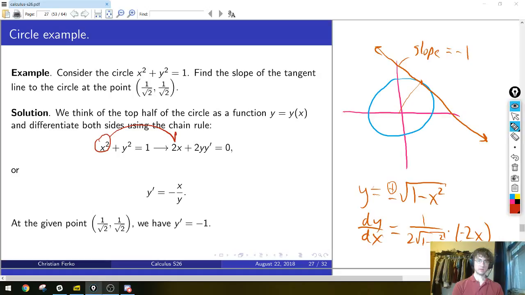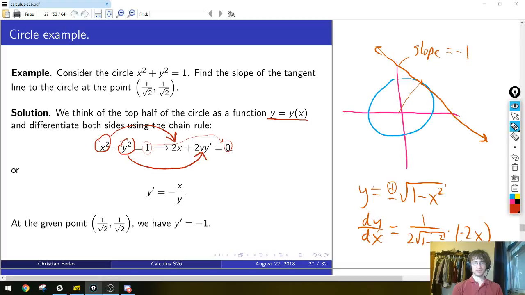So the derivative of x squared with respect to x is 2x. The derivative of y, which we think of as a function y of x. So now we have to use the chain rule. Whenever we hit a derivative on y, you have to use the chain rule, because y is a function of x. So when you differentiate y squared, you get the derivative of the outside, which is 2y, times the derivative of the inside, which is y prime. And then the derivative of 1 is, of course, 0.